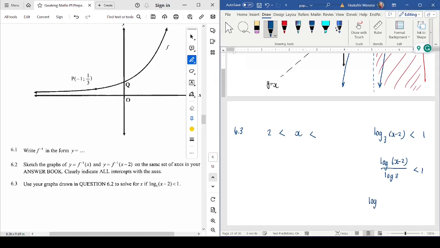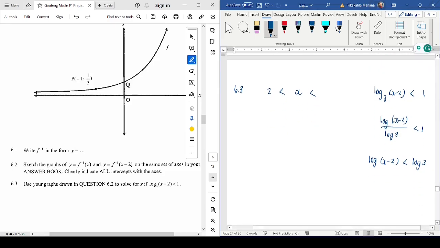So I have log of x minus 2 smaller than log 3, and if I have logs on both sides, I can basically just remove them. So I have x minus 2 smaller than 3, and if I take 2 to the other side, my limit there would be 5. So my answer is that the x values would have to be in between 2 and 5.